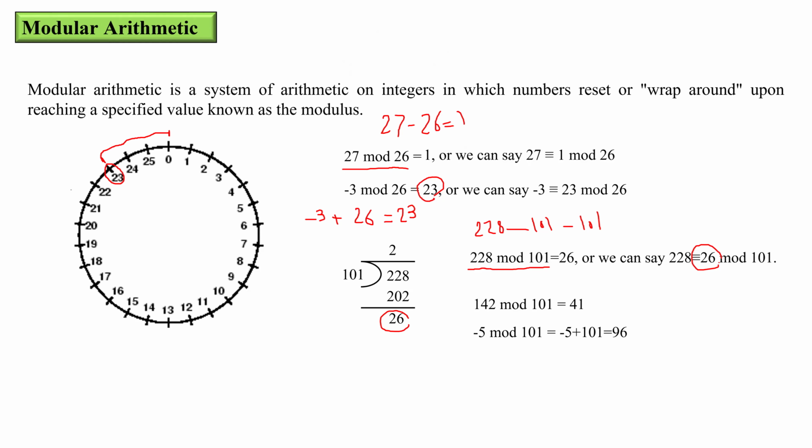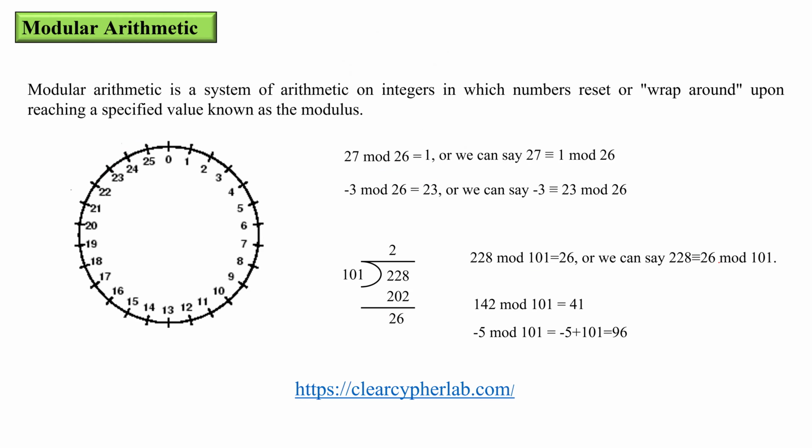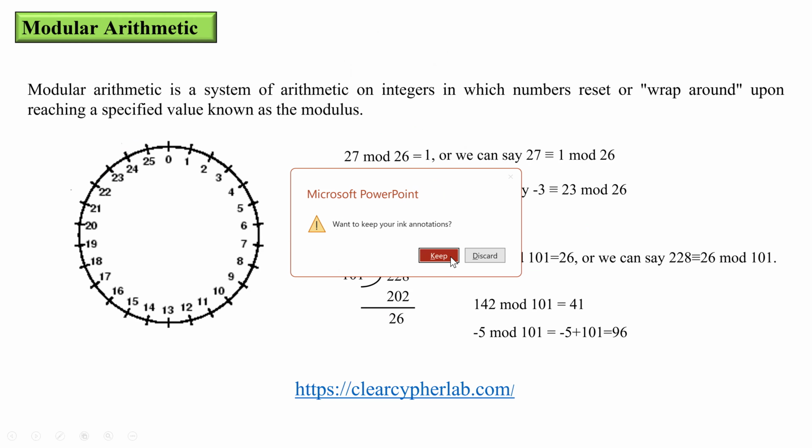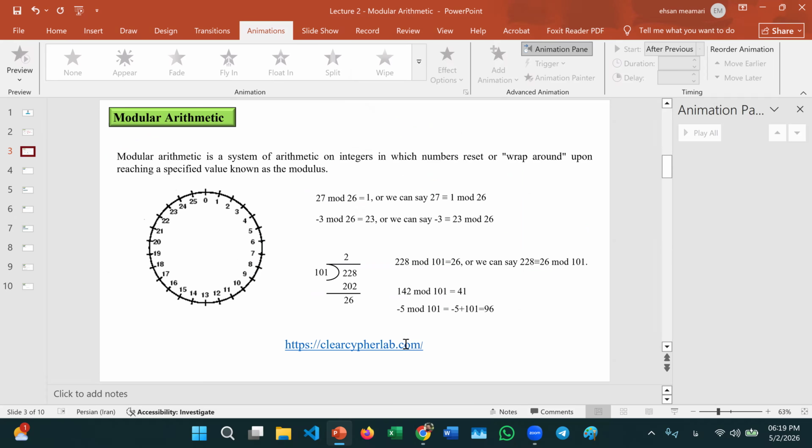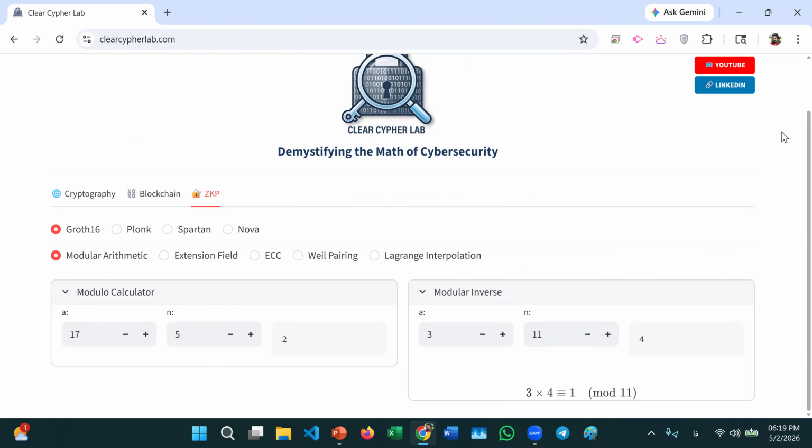In our website, we have a tool that allows you to compute mod values. So let's check the website now. This is our website. In the section ZKP and then subsection Groth16, you can find mod arithmetic.